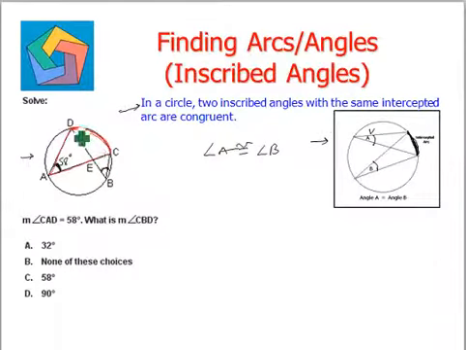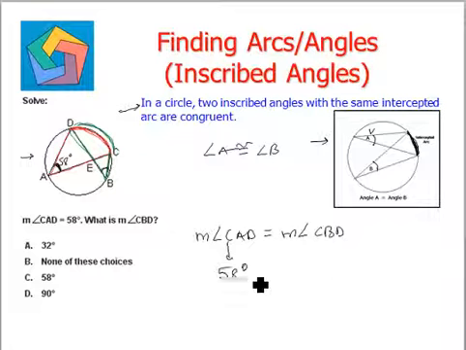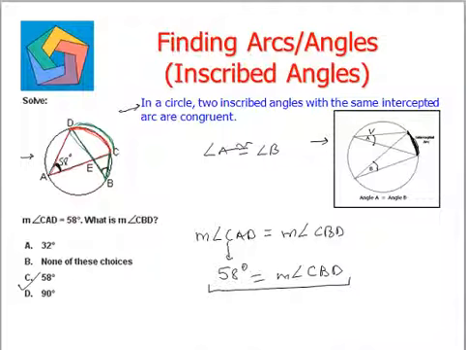So here this is for this angle, that is this arc is same. So therefore, as per the property, measure of angle CAD is equal to measure of angle CBD. Now CAD is given to us as 58 degrees, therefore this is equal to measure of angle CBD. This is the final answer, can be seen in option C. Let's look at the next question.